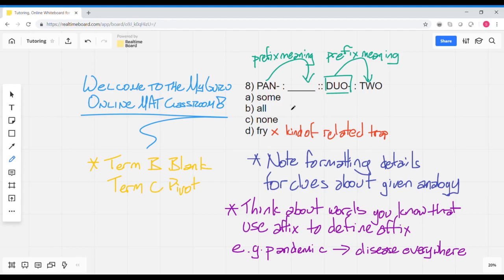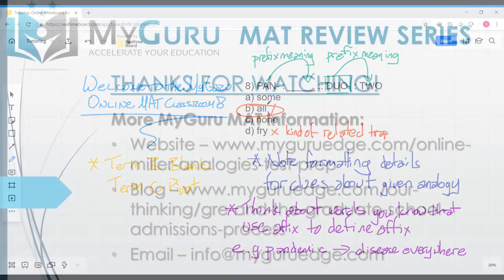So then we just use our example of pandemic and we discover all, which matches that idea of everything. And if you can think of any additional terms that begin with pan, maybe panoply or even pansexual, you'll know that pan is an affix that indicates all.